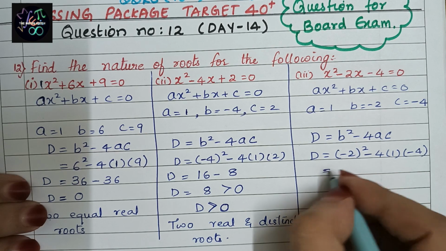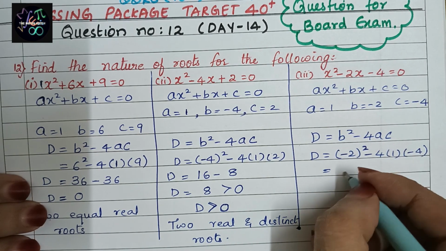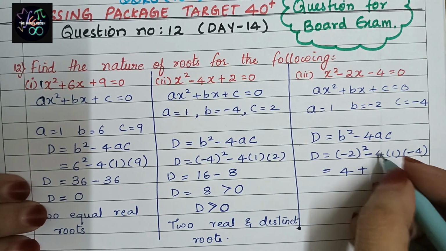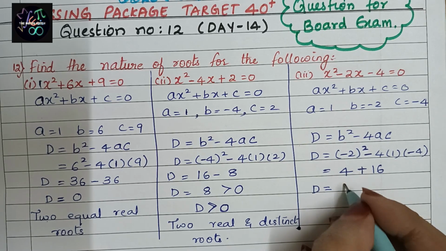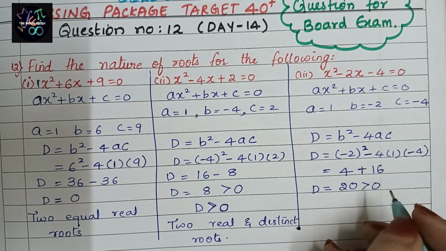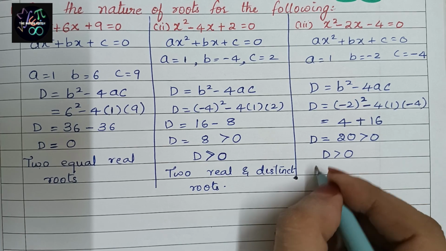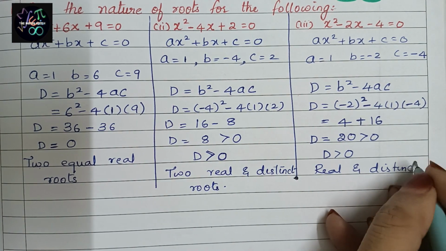A negative sign and square, so the minus sign will go. 2 square is 4, minus minus plus, 4 4s are 16. Again we got 16 plus 4 is 20, which is greater than 0. Here also we can write D greater than 0, real and distinct roots.